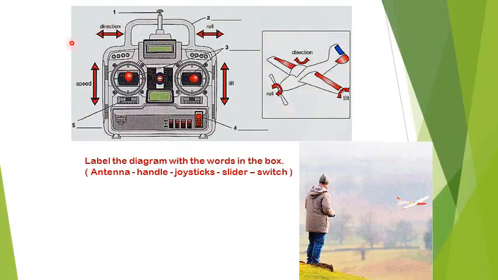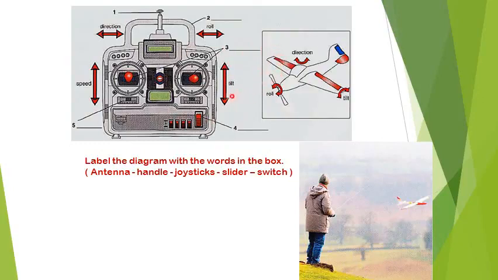So here, we have the left part and we have the right part. The left part controls the speed and the direction, and it can move up and down, right and left. For the right part, this part controls the rolling and the tilting, and we will explain what's the meaning of rolling and tilting right away.